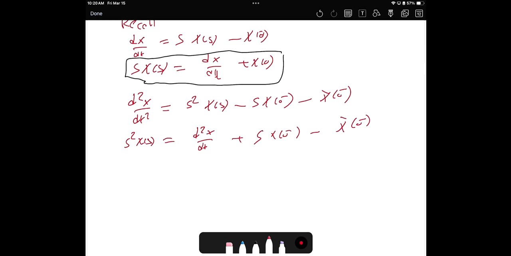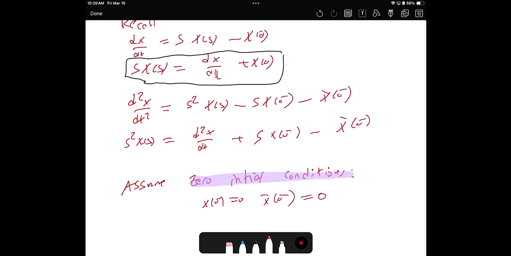So in order to simplify it, I'm going to assume zero initial conditions, so we can avoid these initial conditions. When we have zero initial conditions, this means x of 0 will be 0, x bar of 0 will be 0.